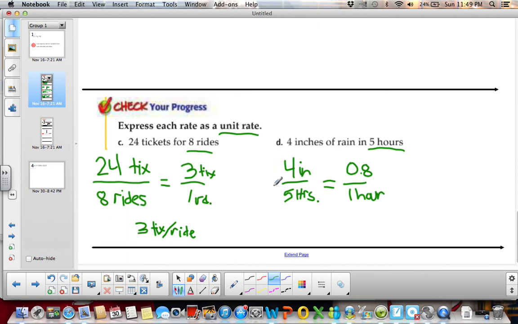So 4 divided by 5, we get 0.8. So then we need to rewrite it with our label because we have to remember to label correctly. So 0.8 inches per hour. So it means for every hour that it rained, they got 0.8 inches.